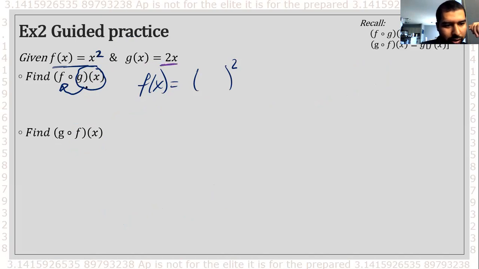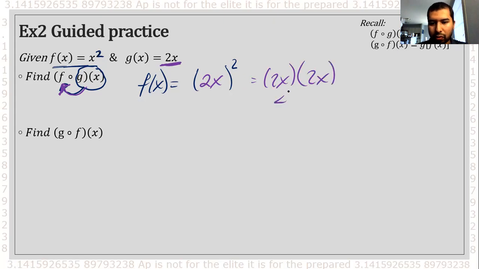Well, you guys just told me it's right here. It's my 2X right here. All I have to do is simplify, and I got the same thing as saying 2X times 2X. That is 4X squared. That is my f o g, also known as my F of G of X.